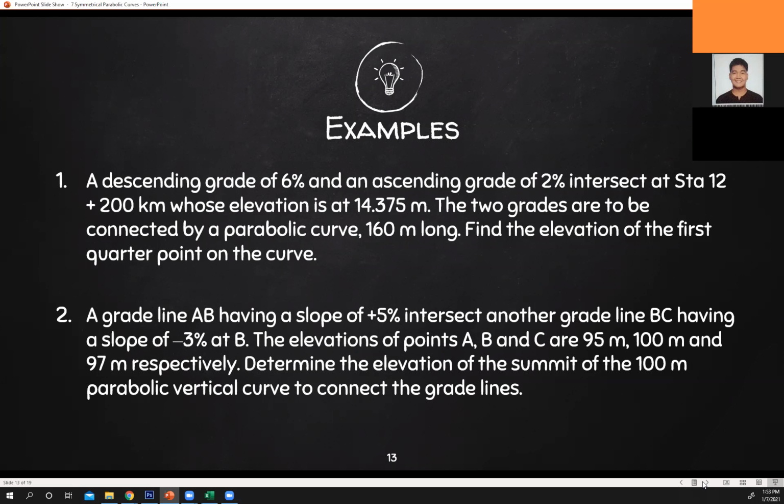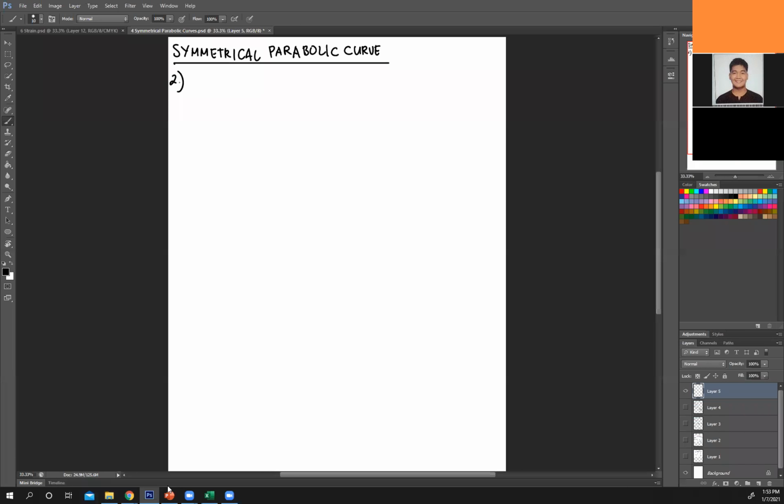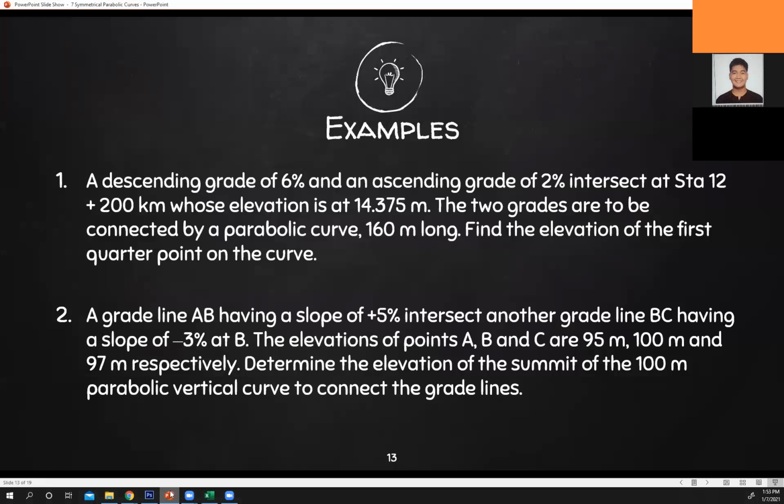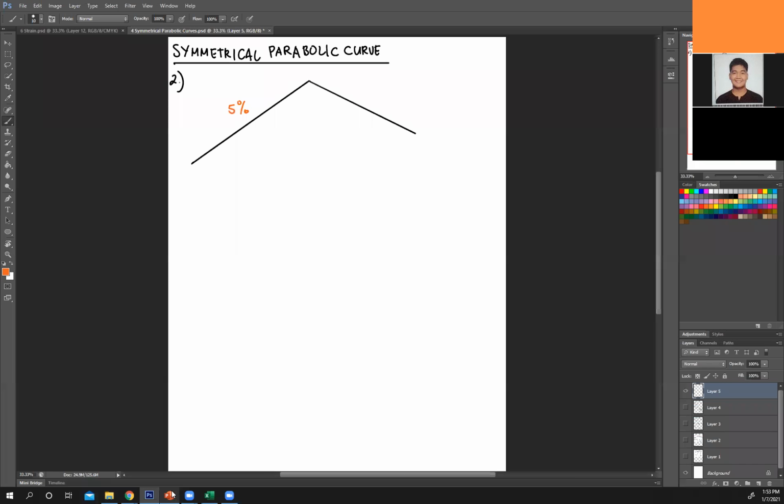So we're looking for the elevation of the summit. Let's draw that first. So we have this line, then this is positive 5%. This is negative 3.